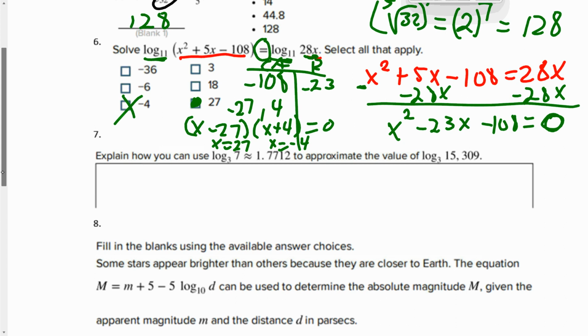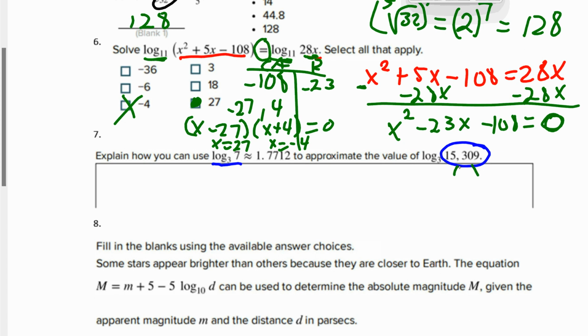Okay, this problem is probably more complicated for you, but we want to use the fact that log base 3 of 7 is approximately 1.7712, and we want to use it to approximate log base 3 of 15,309.